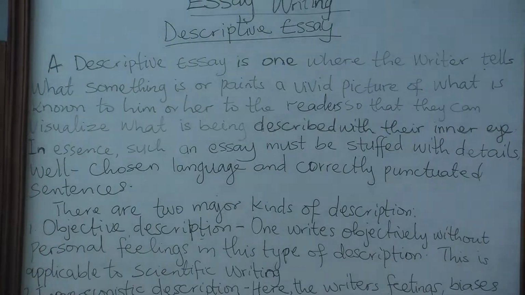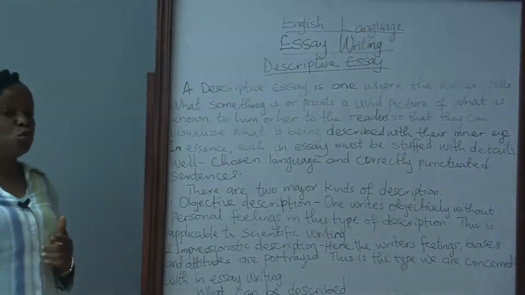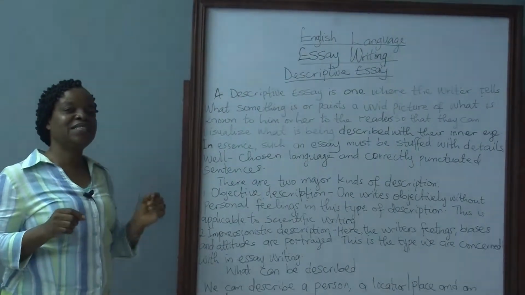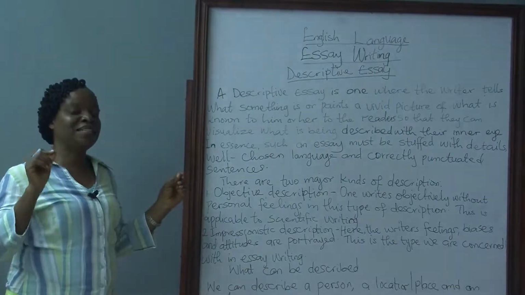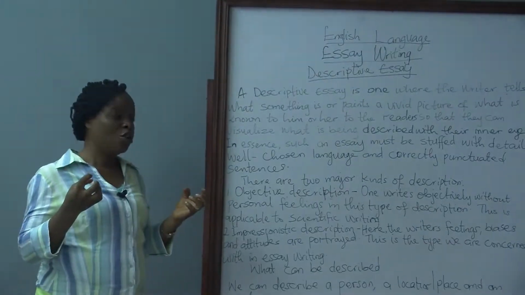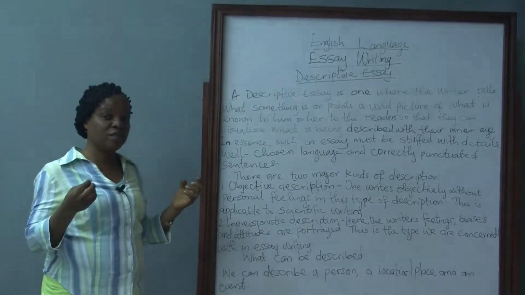I'm not saying that in other types of essay you don't punctuate well. Of course, we've learned the penalties when you don't have good punctuation. But with this, it demands that somebody has a very good skill of punctuation and uses it well.